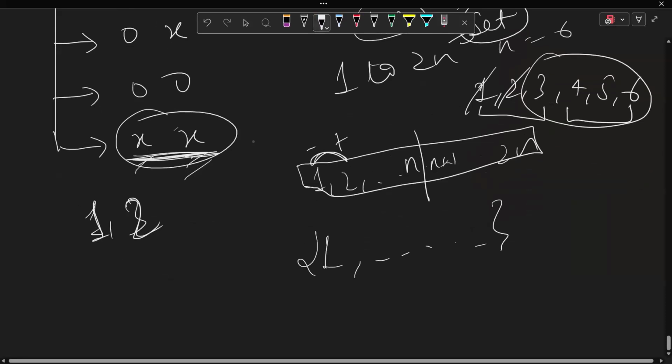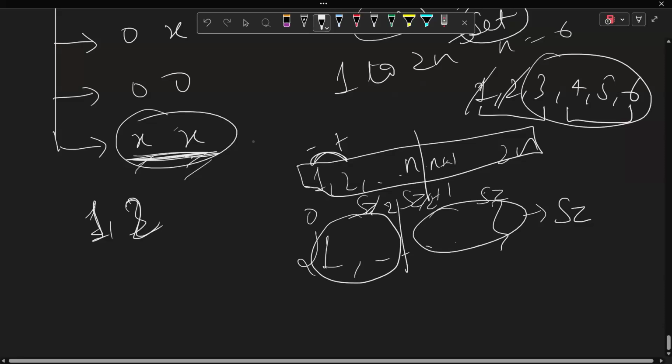If the size of the set is, say, size, then from 0 to size by 2, all these elements are in the lower range, and size by 2 plus 1 up till size, these elements are in the upper range. So just define your range like this.